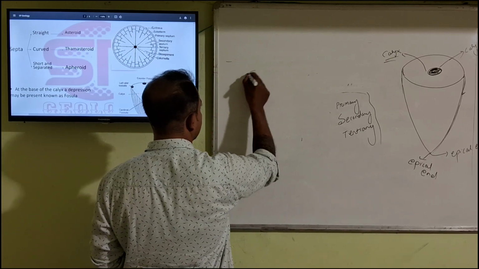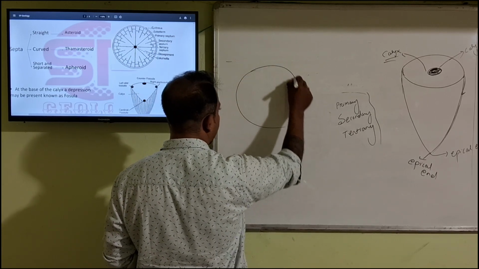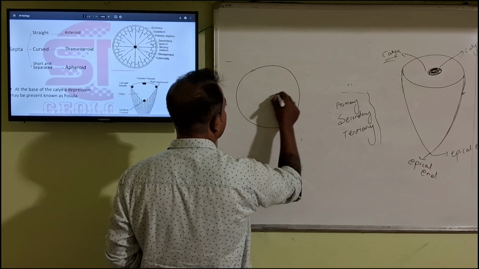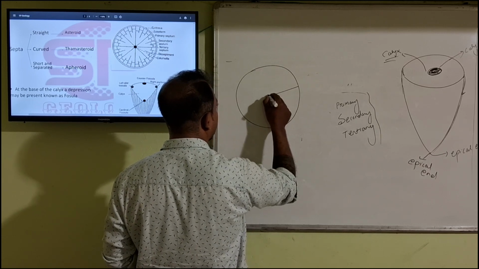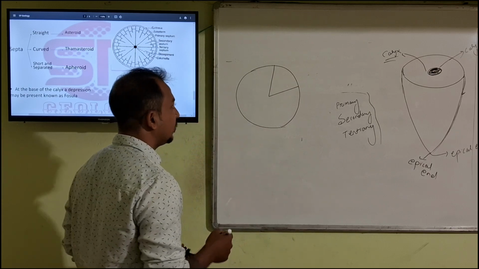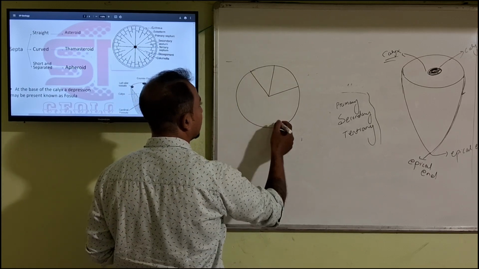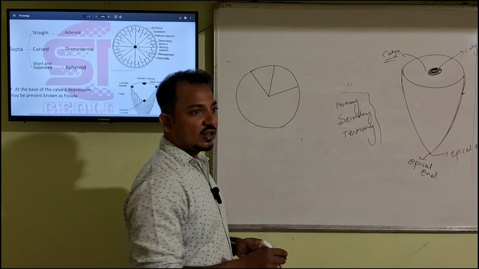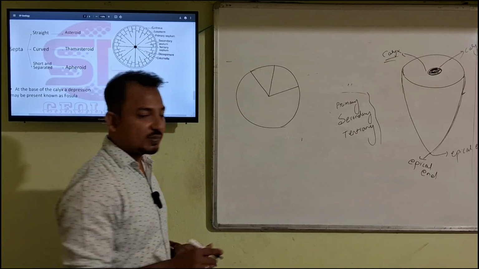If suppose this is the central part, there will be compartments or septa like this. They divide it into different compartments. The largest septa are called the primary septa.